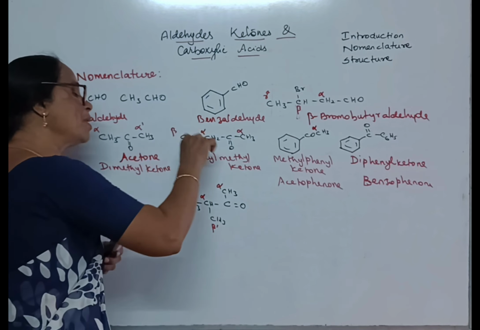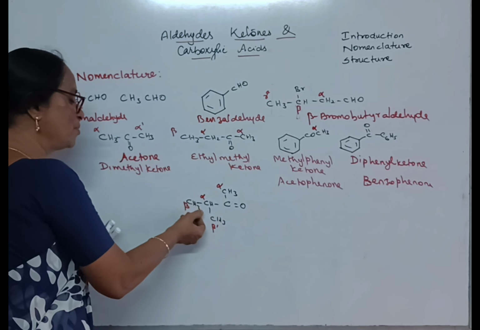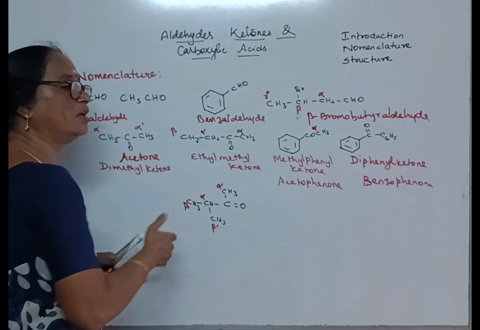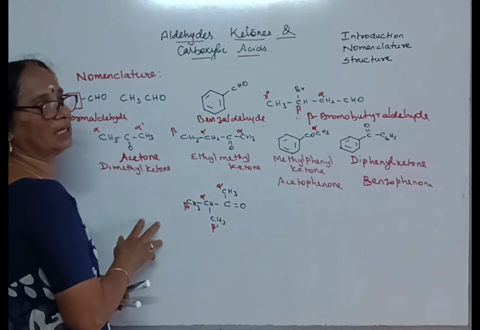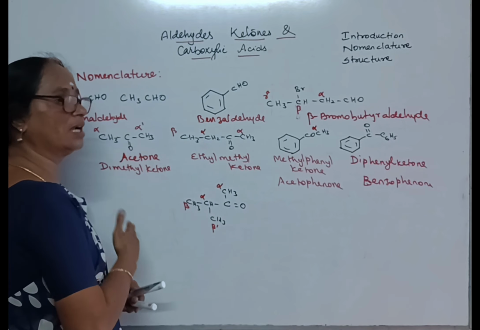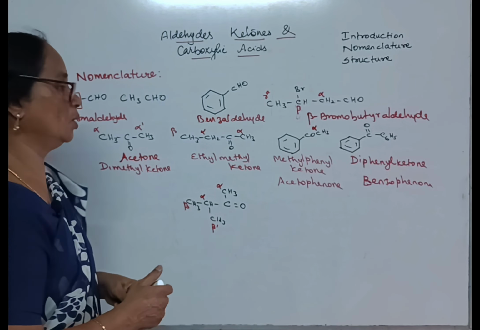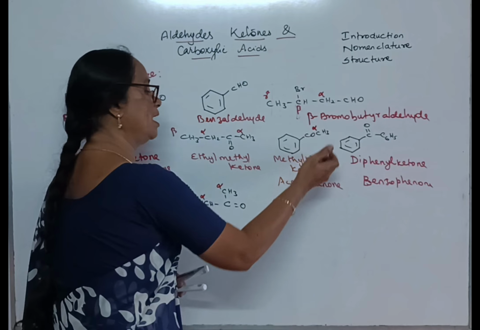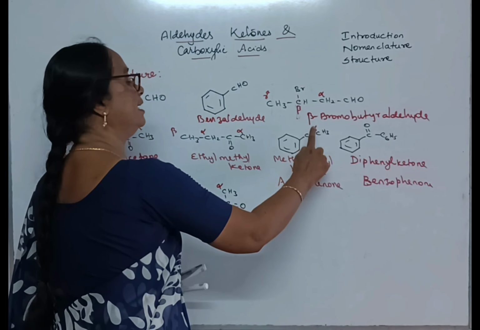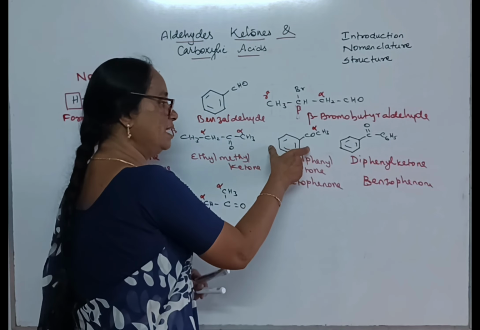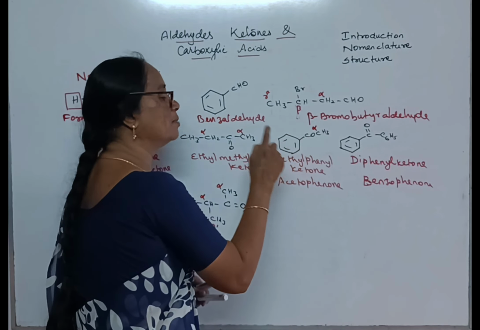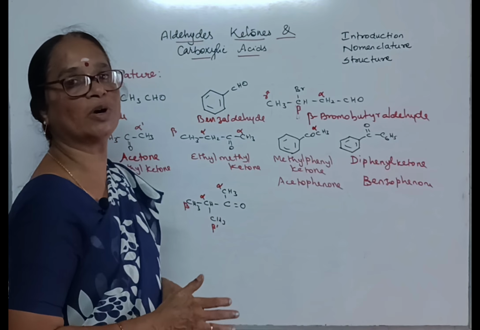So when more than one similar alkyl group is present on the same carbon, only there can you give beta, beta dash like that. If they are different, we have to go with different notations. In methyl phenyl ketone, you may find it has one methyl group and a phenyl group. In the benzene ring, all 6 carbon atoms are identical, only CH groups.